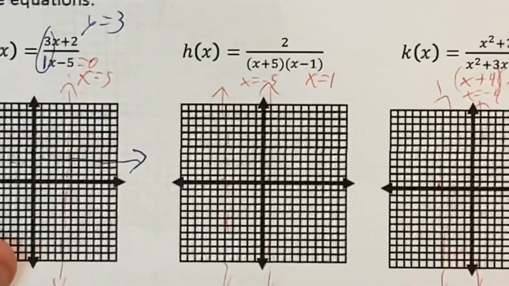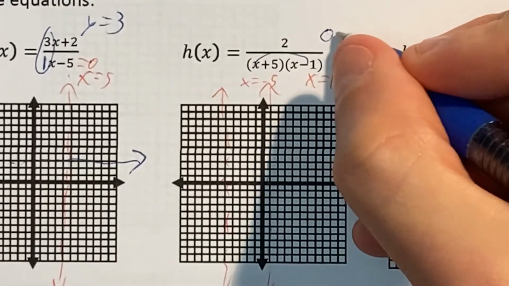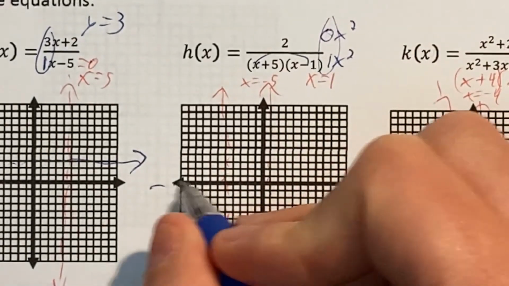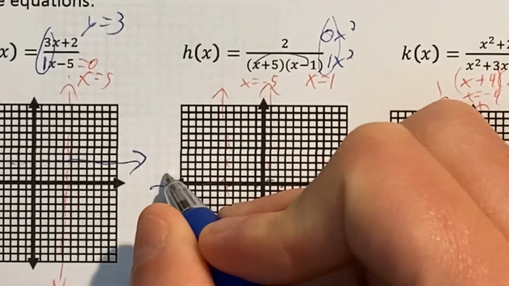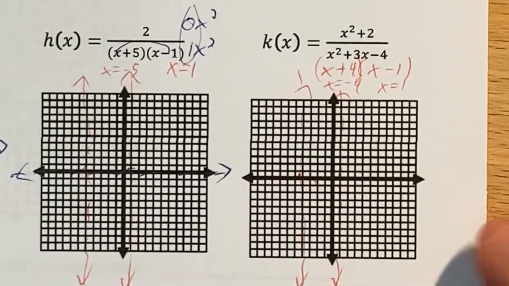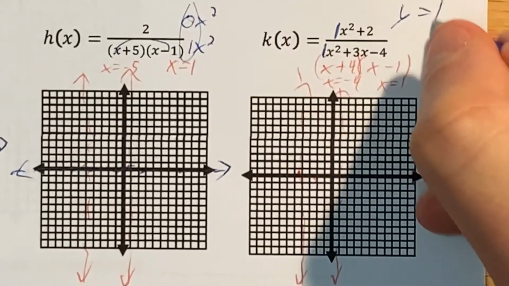Okay. Here, technically it's an x squared on bottom, but there's no x squared on the top. So 0 over 1 is 0. And finally, a 1x squared over 1x squared is just 1, so y equals 1.